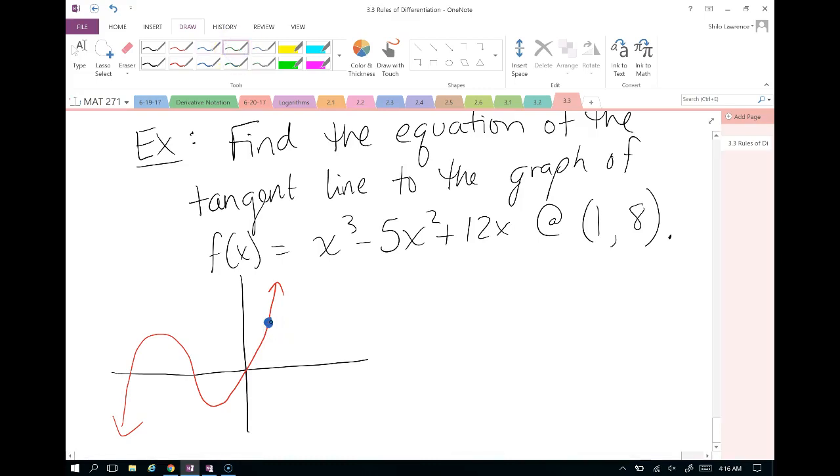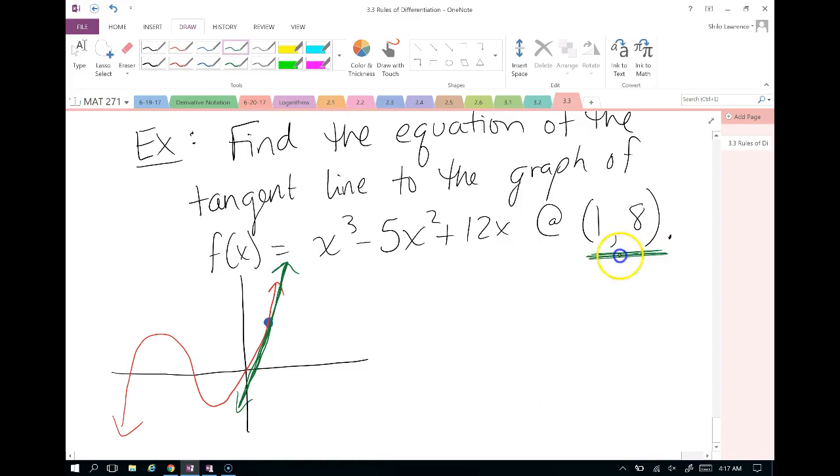And the tangent line looks like that. I want to know what the equation of that green line is. So if you think back to algebra class, there are two things that we need to know to write the equation of a line. We need to know the slope of the line, and we need to know a point that the line passes through.